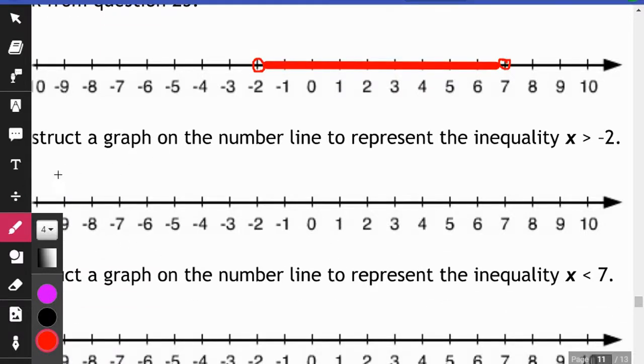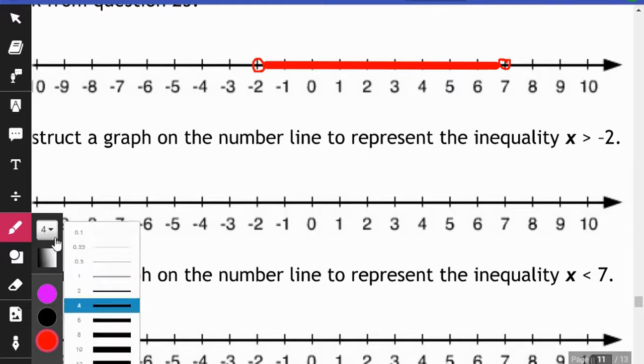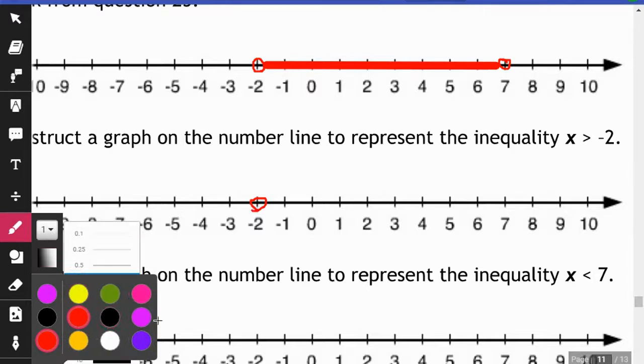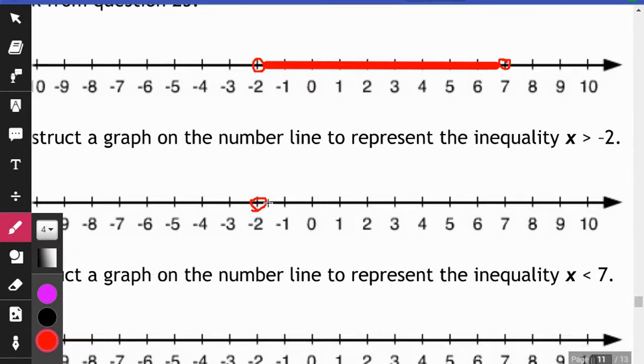So how does this look? I'm going to do this again. This is going to be easier to just make happen. Here's negative 2. And here's all the numbers greater than negative 2. Those are all the things greater than negative 2.